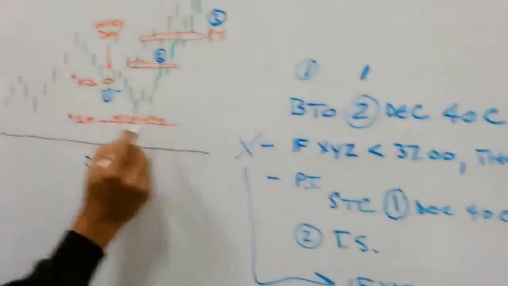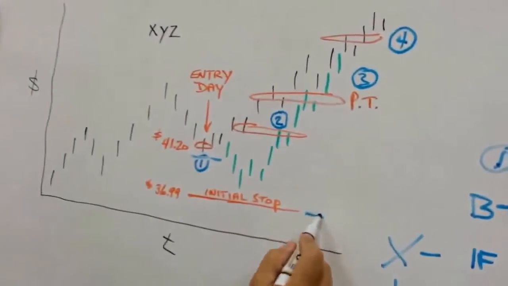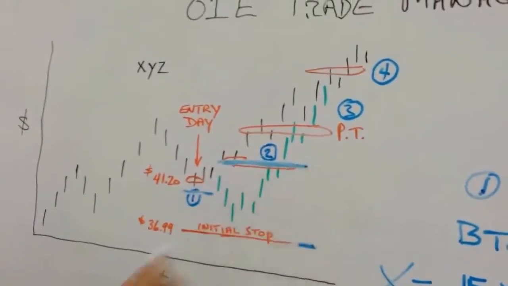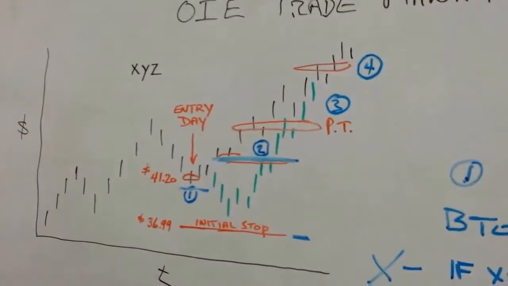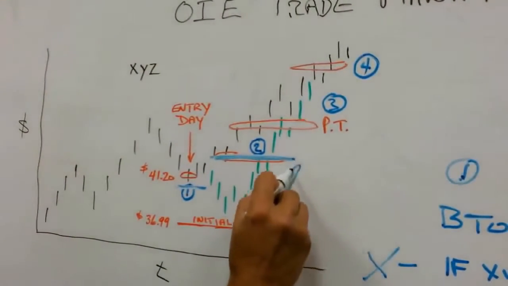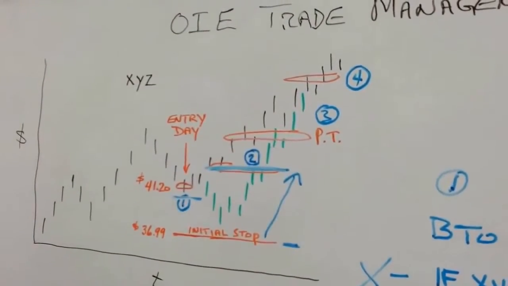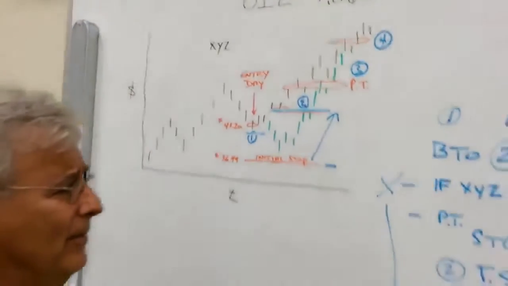Now notice what I've done. I've moved the initial stop from here all the way up to here rather quickly, locking in, first reducing and eliminating risk and then locking in profit. Okay, and I haven't even hit the profit targets yet.